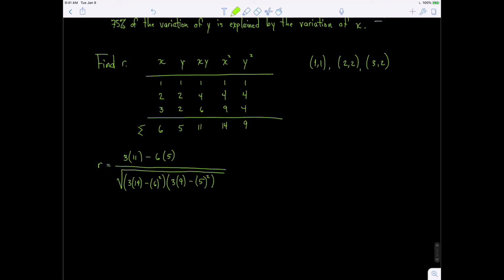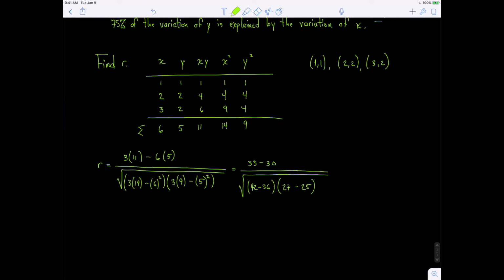So let's simplify this. This gives me 33 minus 30, over the square root of 42 minus 36 times 27 minus 25.